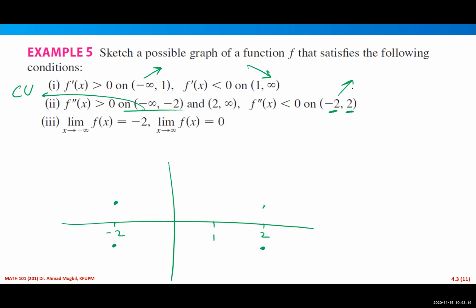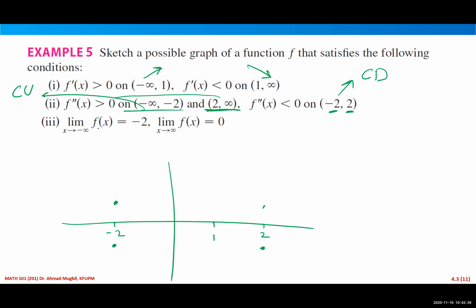We'll do something here between, something like this. This is just initial, and we cannot decide now. We need to finish the information.